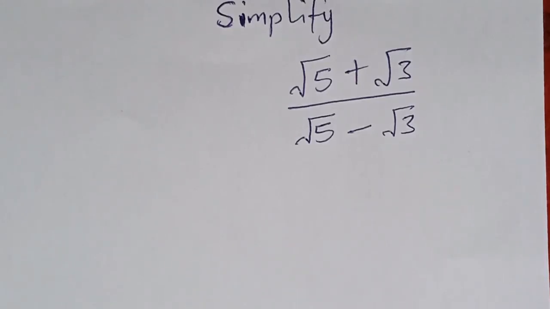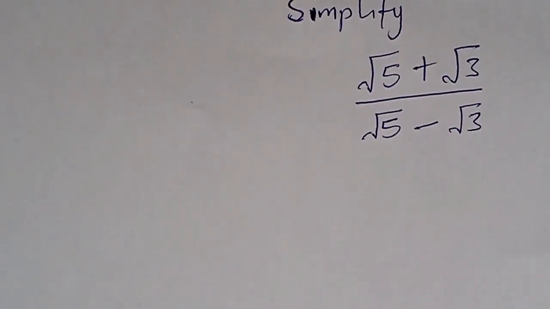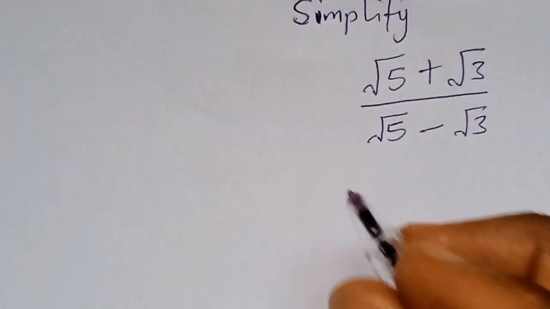To do this, we are going to multiply it by the conjugate of the denominator. Then we expand the multiplication and finally resolve to the final answer. So from here we have the solution.